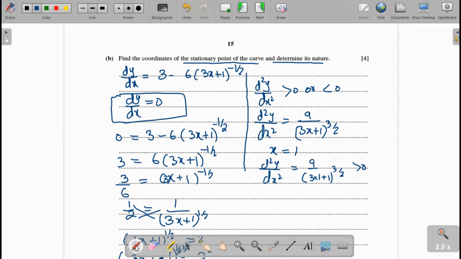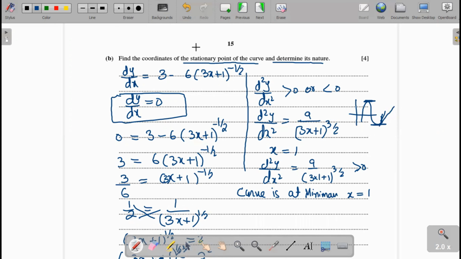Therefore, this is the minimum point, because d square y over dx square is greater than 0. You know very well this is the maximum point and this is the minimum point. At the minimum point, the second derivative should be positive. Therefore, that is the minimum point.